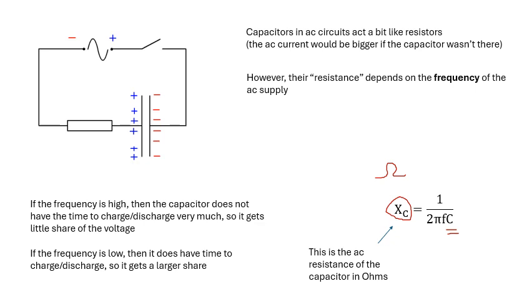So the smaller the capacitance, the bigger the resistance. The bigger the capacitance, the smaller the resistance. If we did a graph of the reactance, measured in ohms, against frequency, then it's inversely proportional.